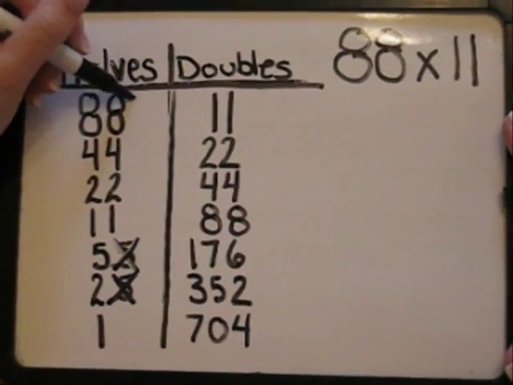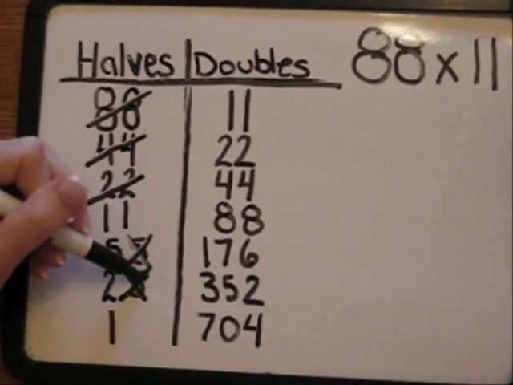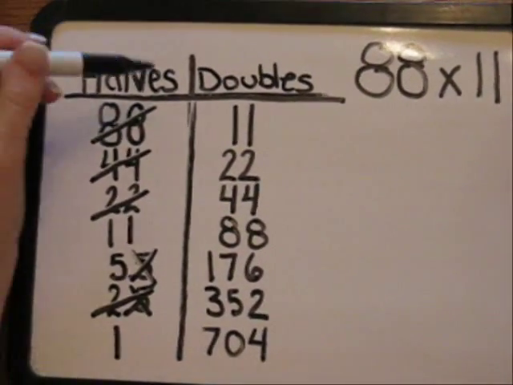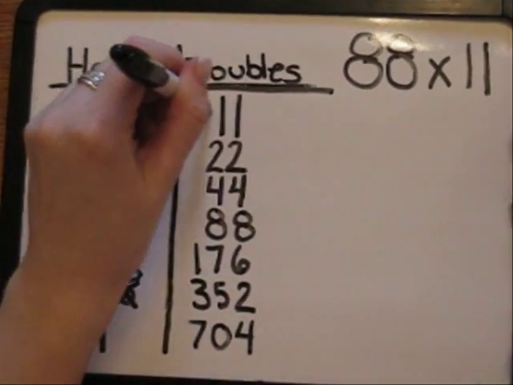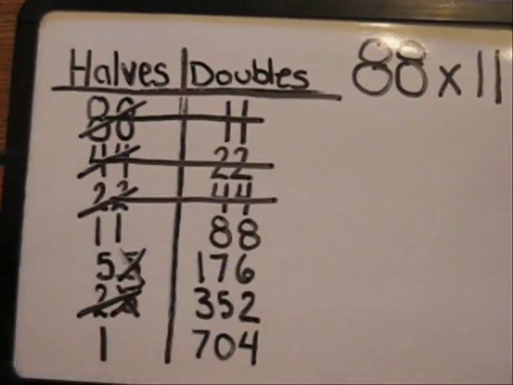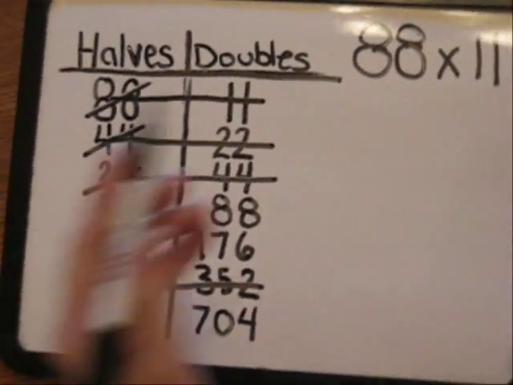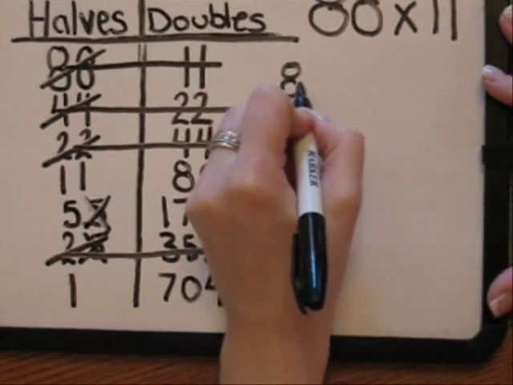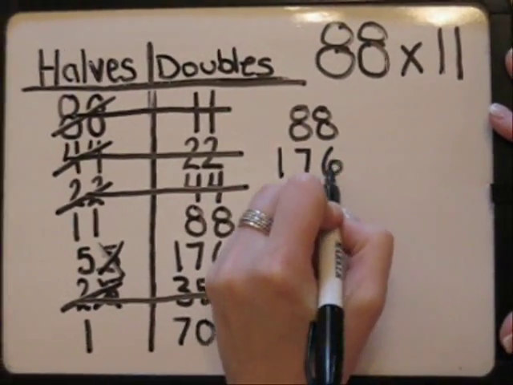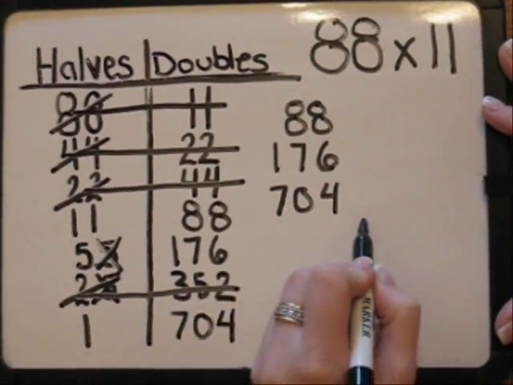So again, we want to remember that we have to cross out all the even numbers in the half column. So I'm going to start with 88, 44, 22, and 2, and just so I don't add up any unnecessary numbers, I'm going to cross out the corresponding numbers in the doubles column. And here, I'm left with having to add 88, 176, and 704.